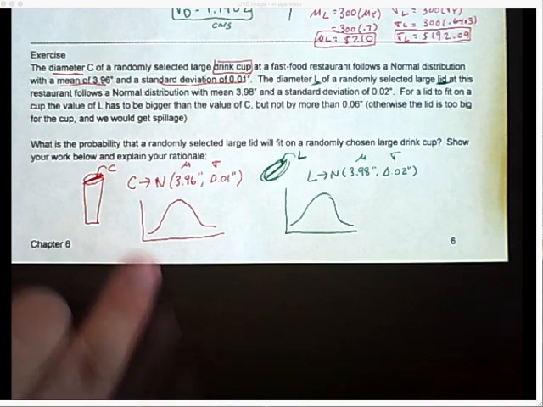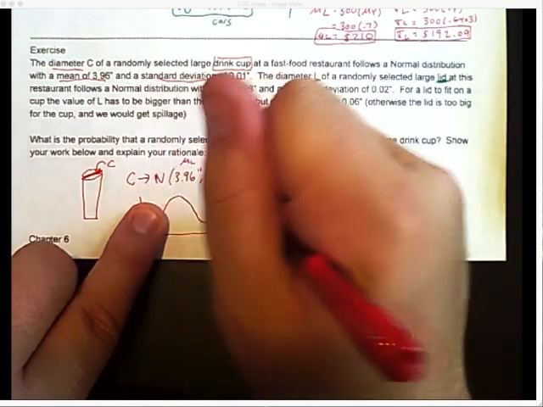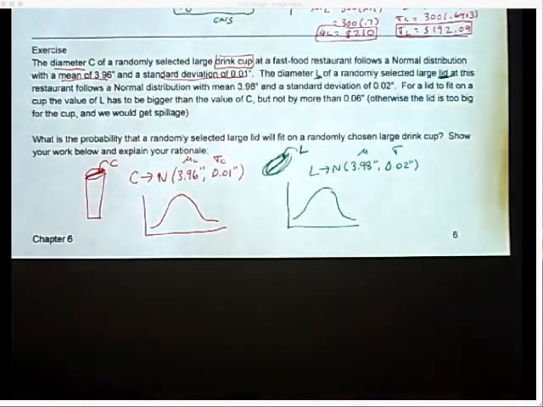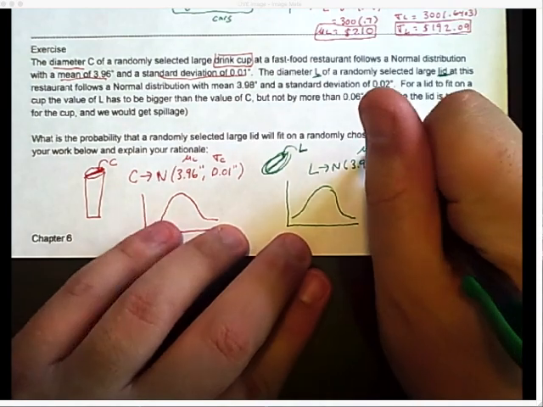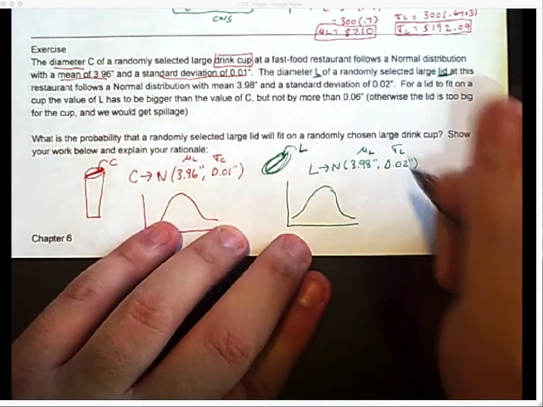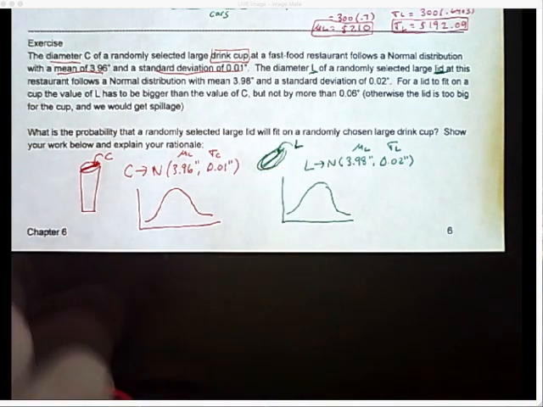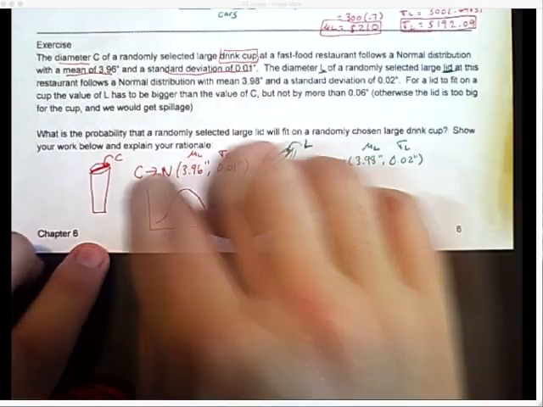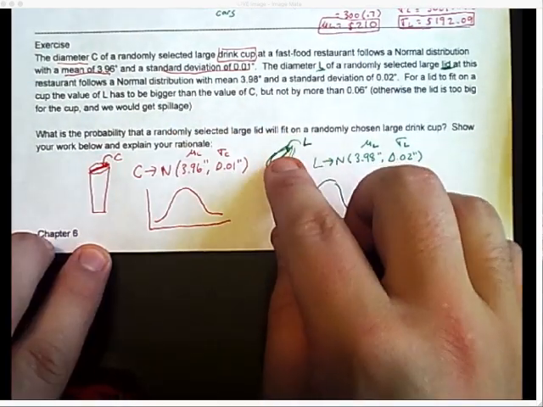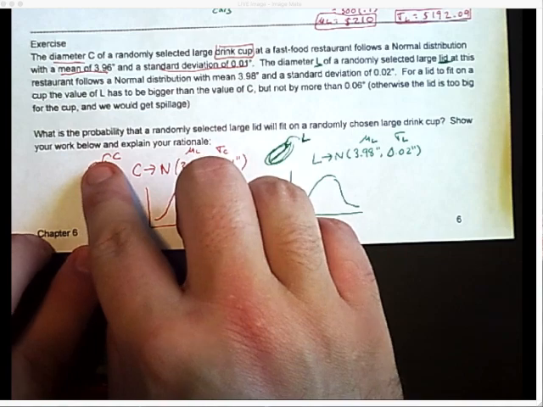All right, so we could actually call this mu sub c and sigma sub c of the cup itself. And here's the mean of the lid and the sigma of the lid. Now this should make sense. To be able to fit this lid onto this cup, the lid has got to be bigger than the cup.